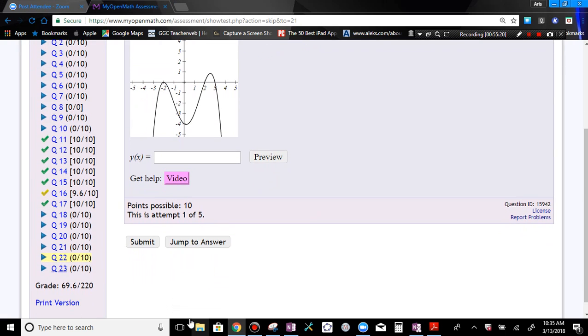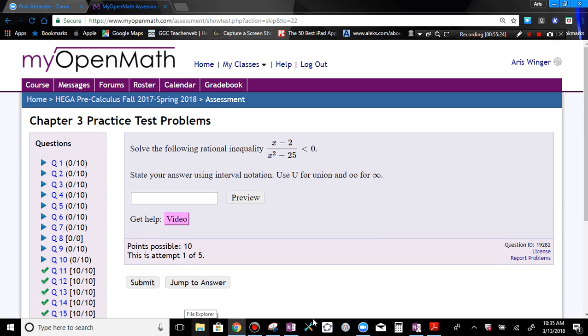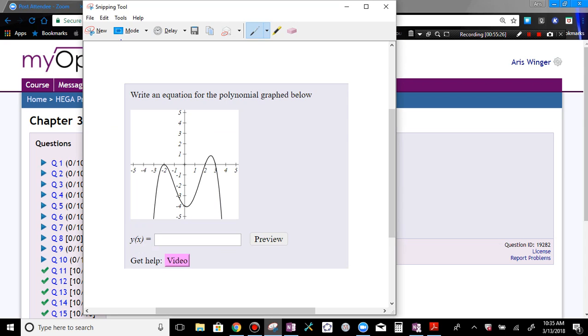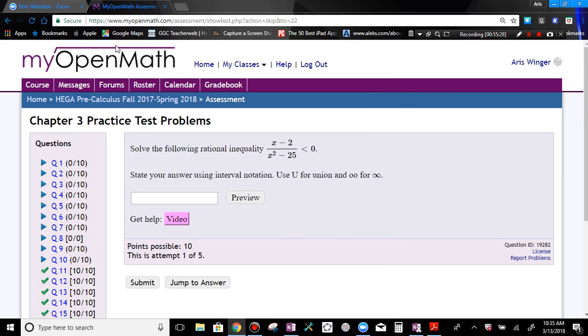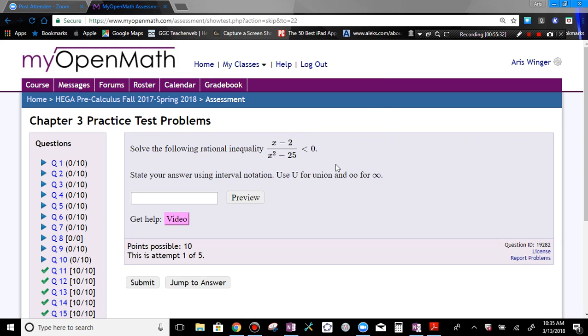And then for the game, a rational inequality. Set the numerator equal to 0, set the denominator equal to 0, and then find where the negatives are.